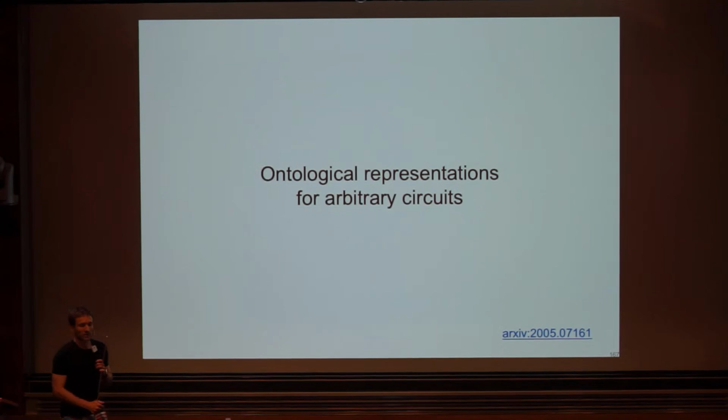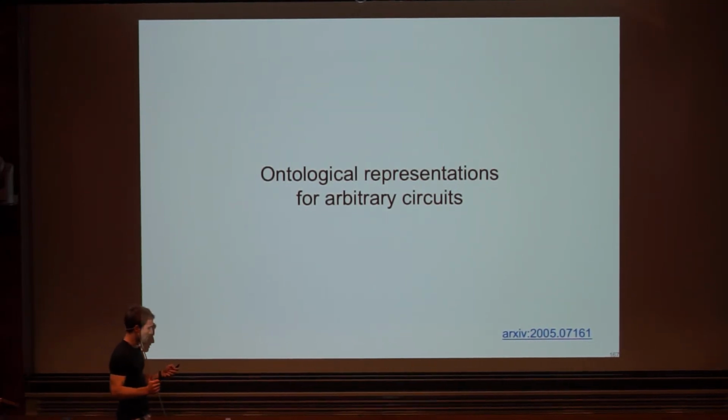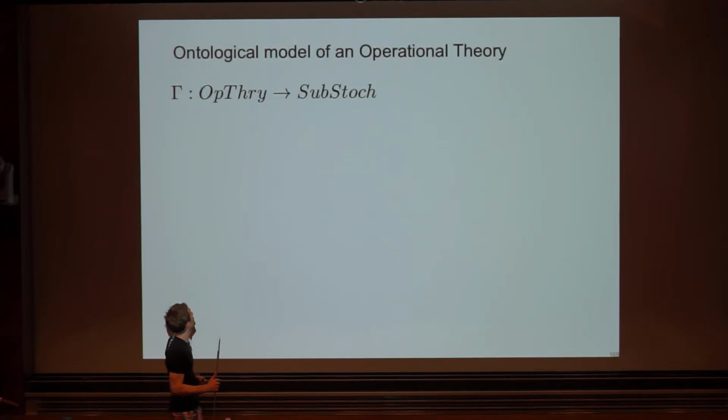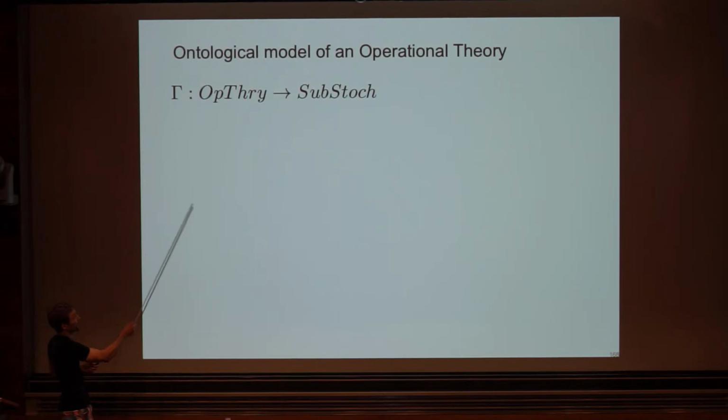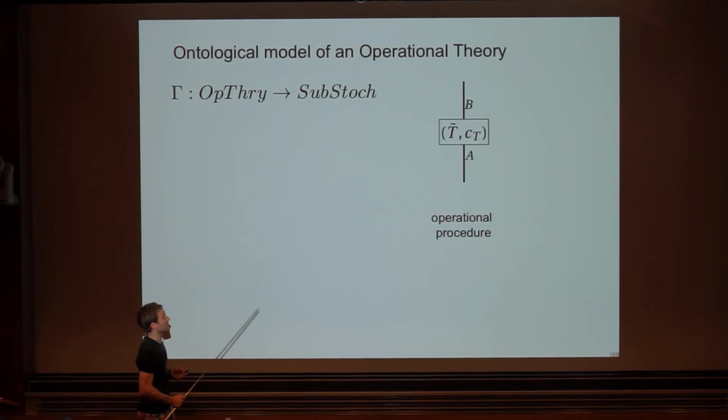Okay, so what do ontological representations look like for these theories in a more process theoretic way, so in a way that's defined for arbitrary circuits? Well, an ontological model of an operational theory has its domain being the operational theory, viewed as a process theory, and it has as its codomain substochastic maps. So we're trying to find a representation of the transformations in the operational theory as substochastic transformations.